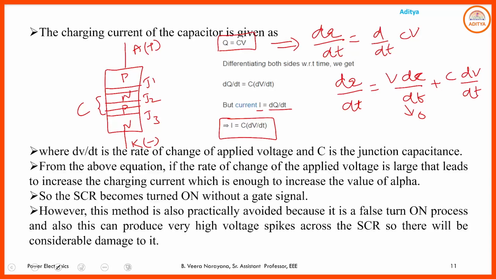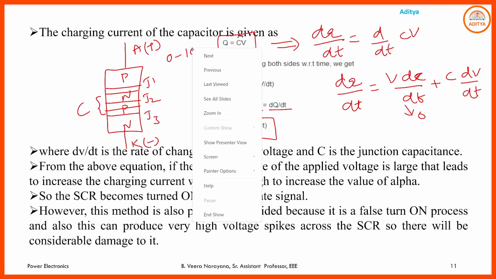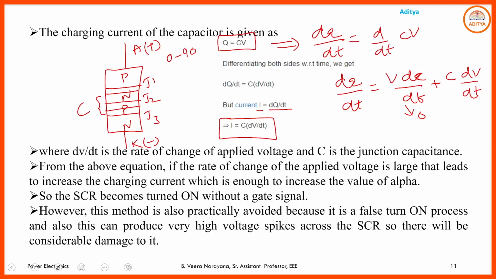Why? For example, the voltage available across that SCR is 0 to 200 volts. Input voltage is taken as 200 volts. Say the rate of change of voltage across the SCR is 20 volts per microsecond.